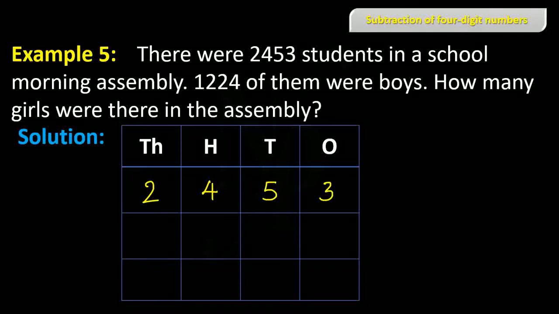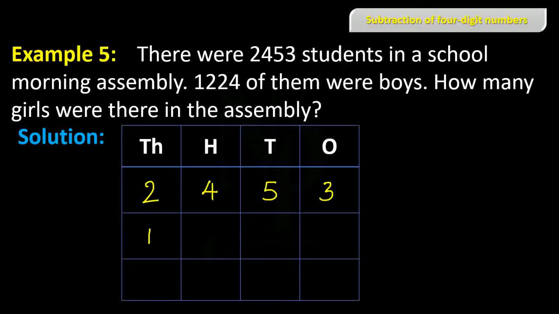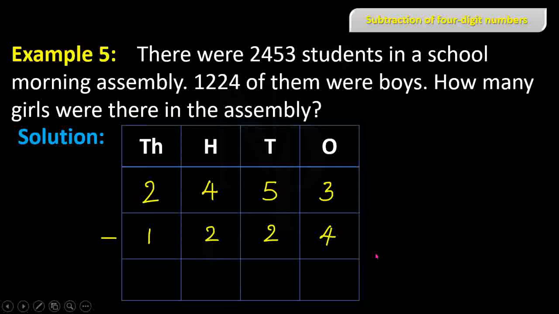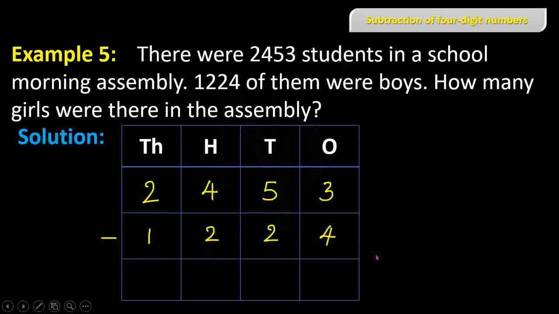Among them 1224 were boys. If you subtract the total number of boys from the total number of students present in the morning assembly, you will get the total number of girls present in the assembly that day. Let us do that now.